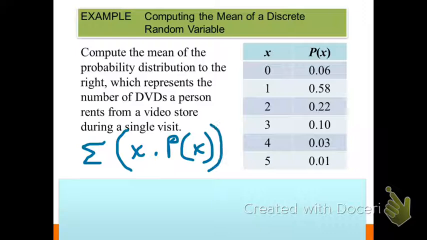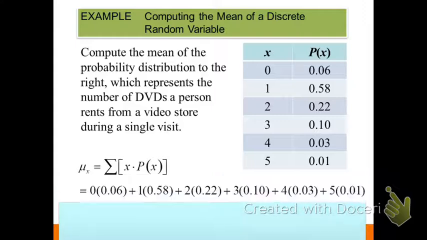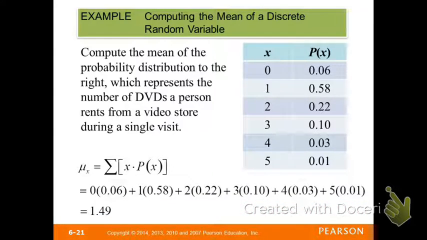So what we would do is multiply 0 times that, this times this times that, add them all together to get the average number of movies rented. Okay, so 1.49 is where we're going to end up. All right, so 0 times 0.06 plus 1 times 0.58 plus all those things, we get 1.49 as our population mean.